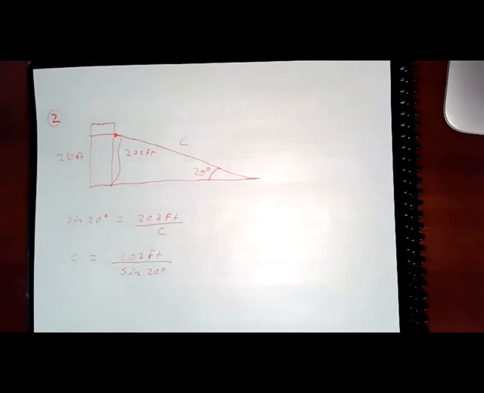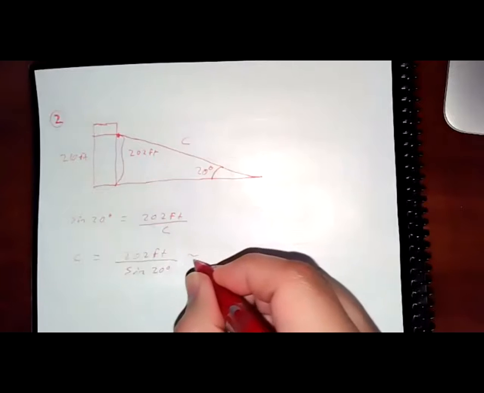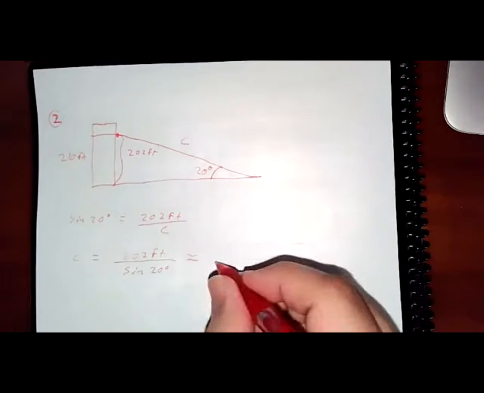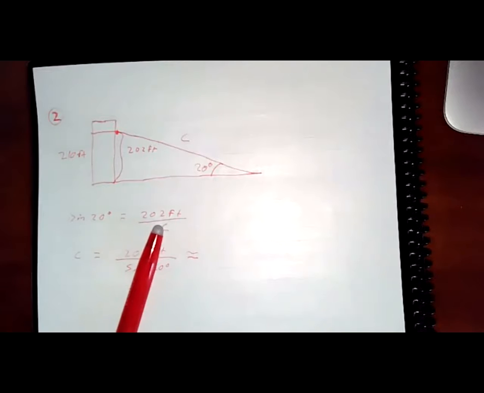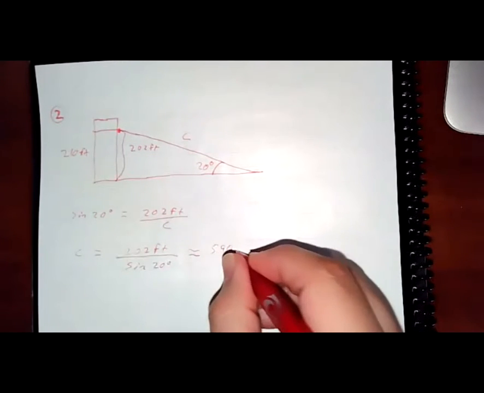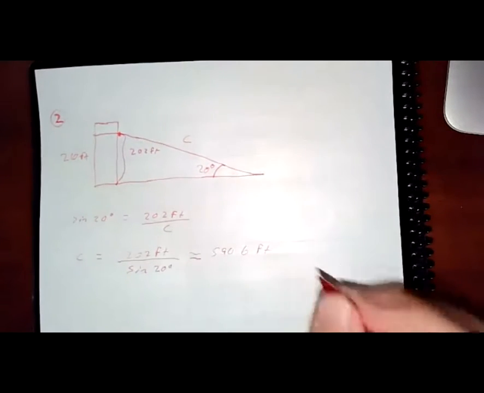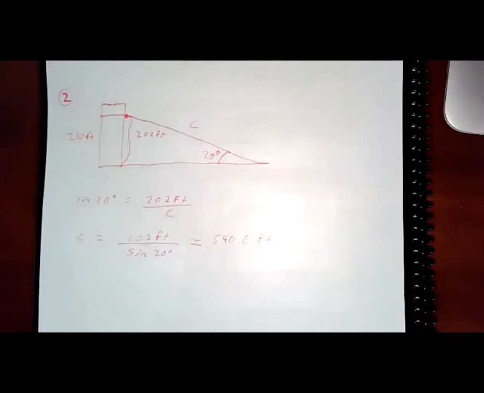So hopefully that gives us the answer, right? Let me check. 590.6. Yeah, and that's the answer. 590.6 feet. Yeah, so you guys are right. Good job. Any question on how we set that up?